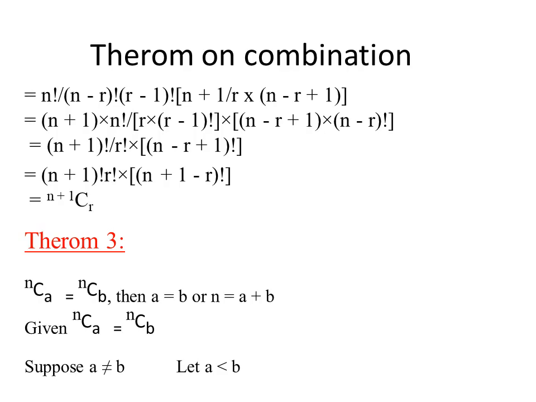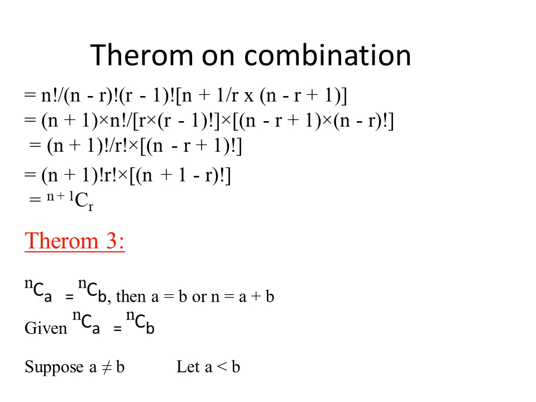Therefore, that is equal to (n plus 1) factorial over r factorial into (n plus 1 minus r) factorial. The final answer is (n plus 1)Cr.